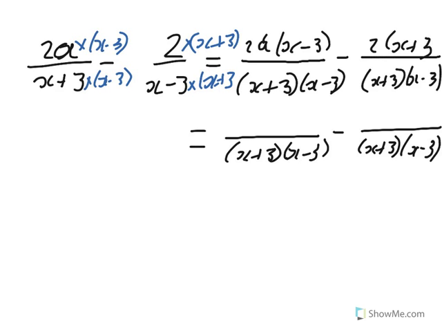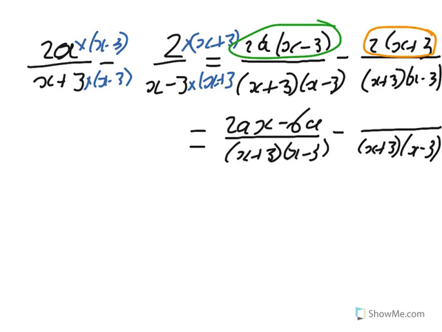Okay, so expanding these ones here, you get 2a times x, so 2ax, and 2a times negative 3, minus 6a. Then expanding those ones, you get 2x plus 6.